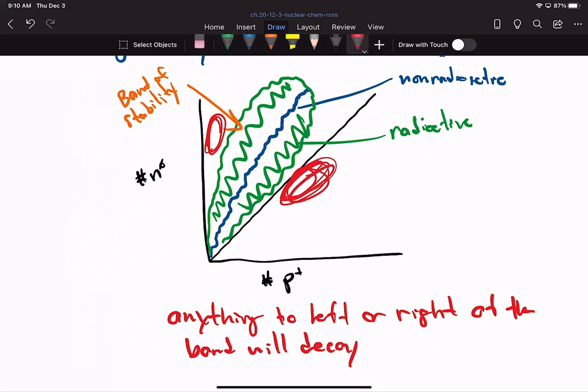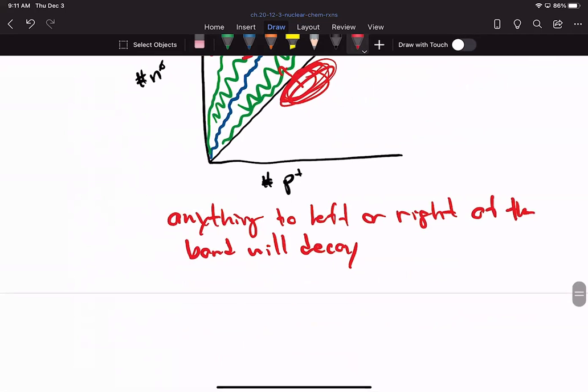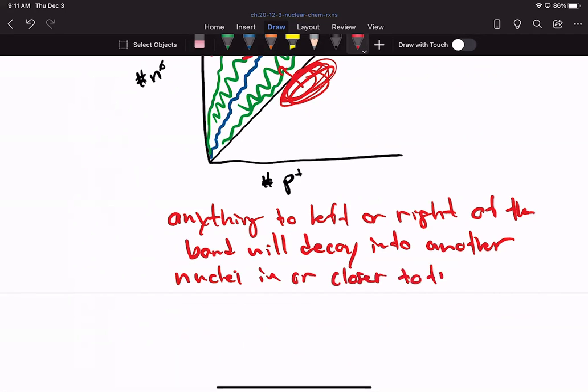So if we have something out here, it's going to decay to something that's either closer to the band or in the band, right? So anything to the left or the right of the band will decay into another nuclei in or closer to the band.